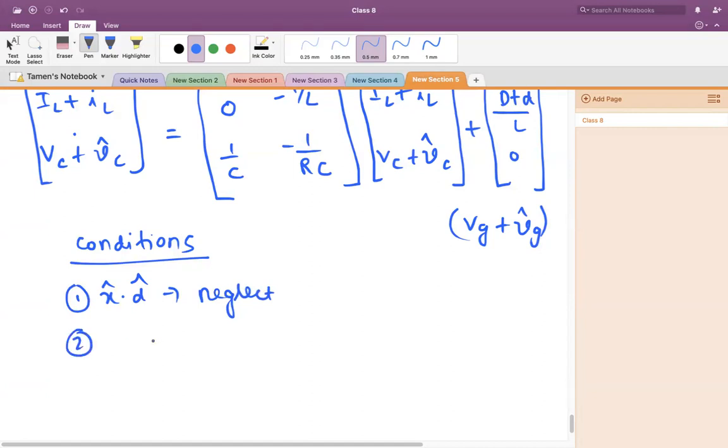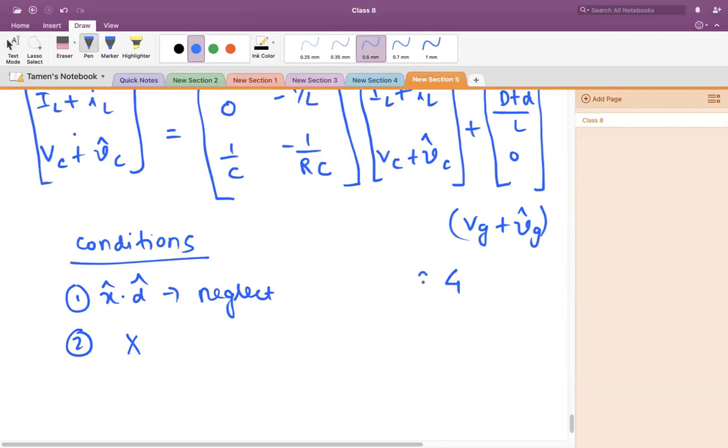What is the second condition? The steady state. Steady state means the constant value. Suppose 4 is a constant.